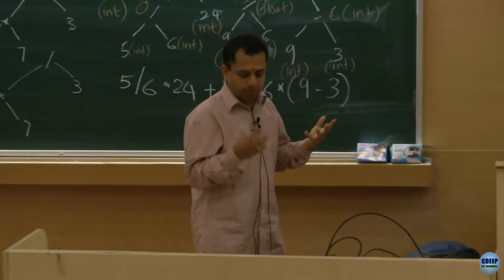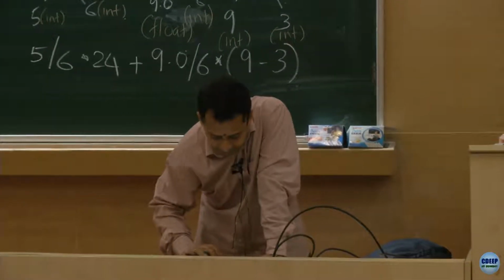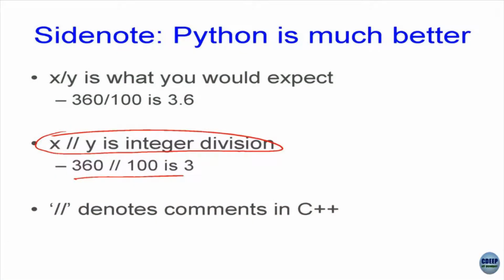So 3.6 is going to be float. However, if you wanted to do integer division, then you could do this double slash, and the double slash will basically result in integer division and doesn't correspond to comments unlike C++.